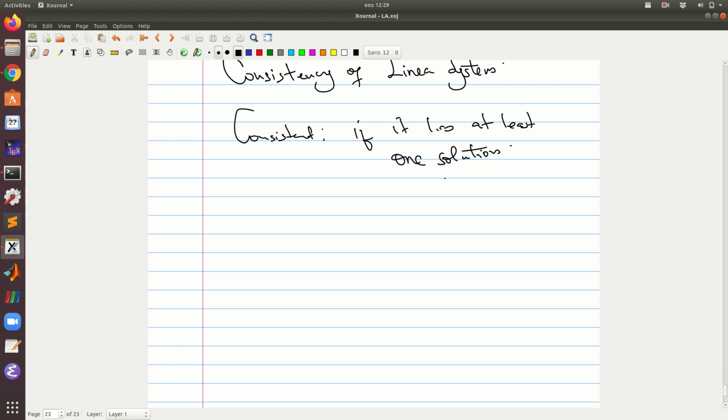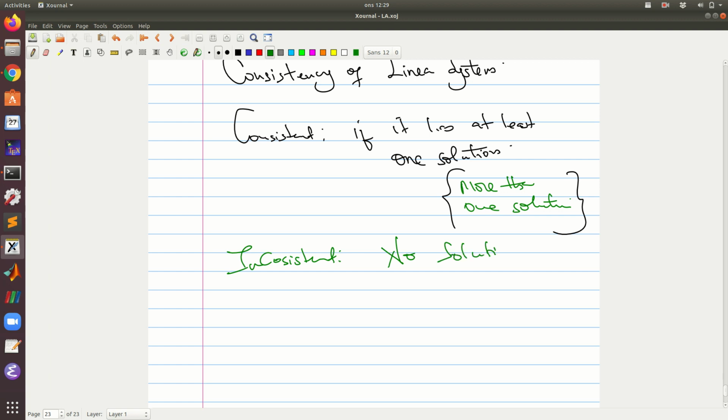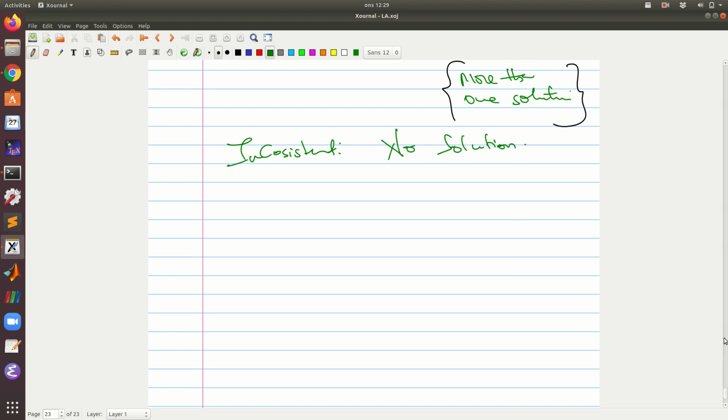Please note that this implies that even if we have more than one solution, this linear system is still consistent. And when is it going to be inconsistent? It is going to be inconsistent if the opposite occurs, i.e. it has no solution.